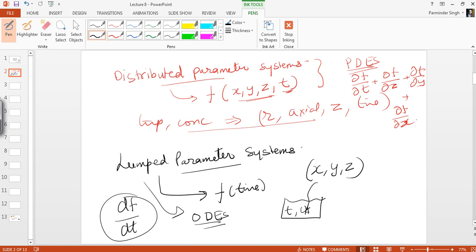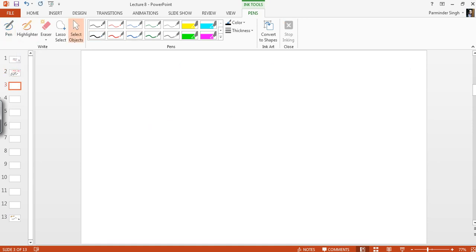Now moving further, let's start with first order systems. What are first order systems? First order systems are those systems which are basically represented by this ordinary differential equation, that is a1 dy by dt plus a naught y equal to b times f(t).